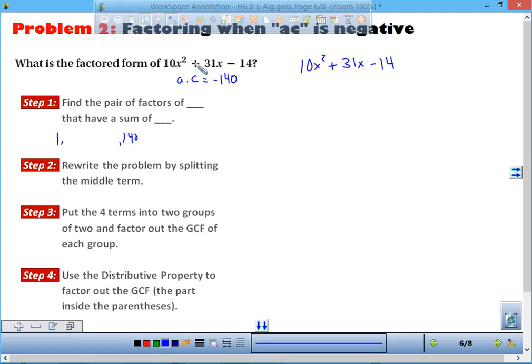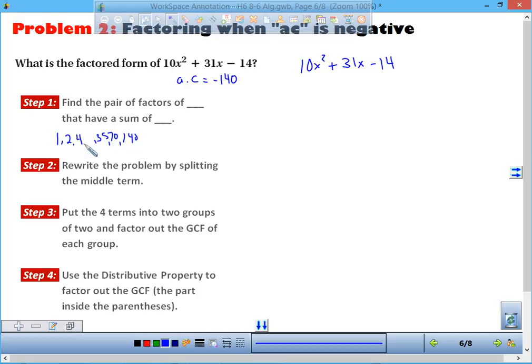And it has to be a larger positive. Okay, 2 and 70, that doesn't work. 3 doesn't go into 140. 4, we get 4 and 35.